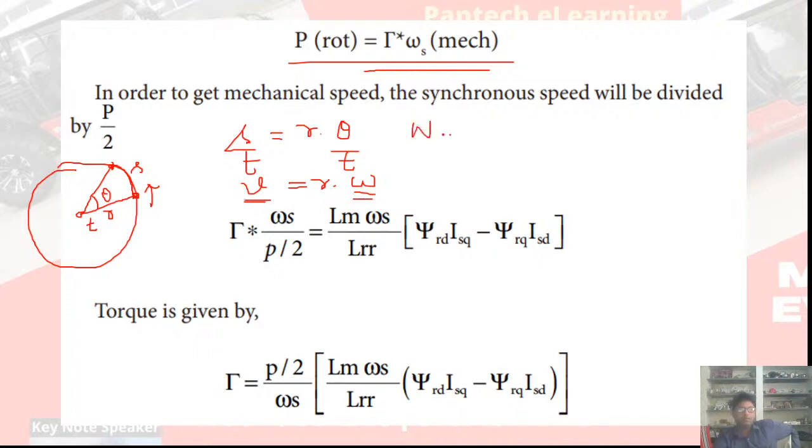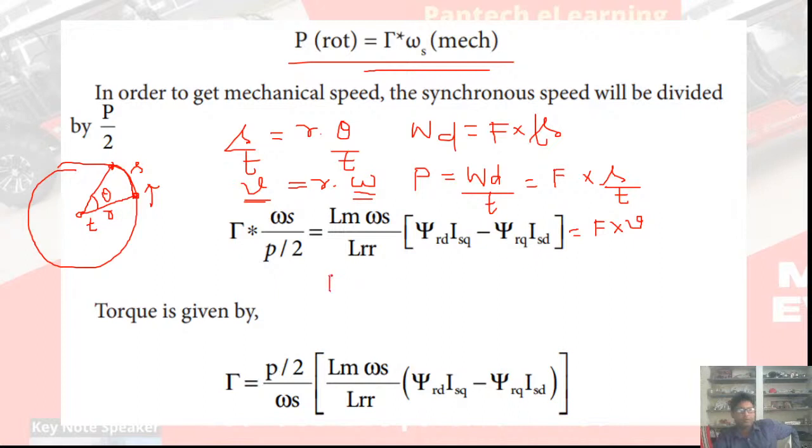Now the work done is force into distance. Now the power is work done per unit time. So force into s by t, which is nothing but force into velocity. Velocity we already obtained, so into r into omega.